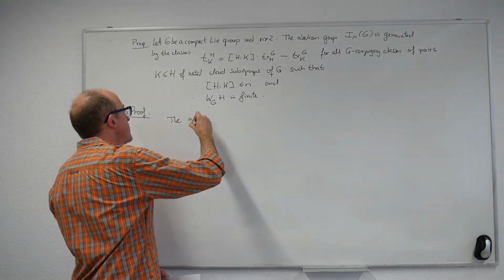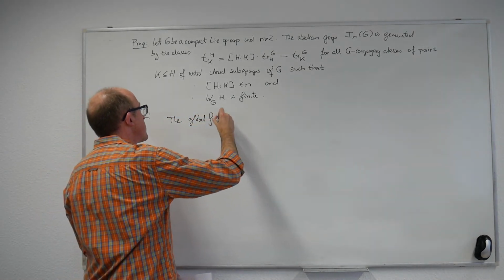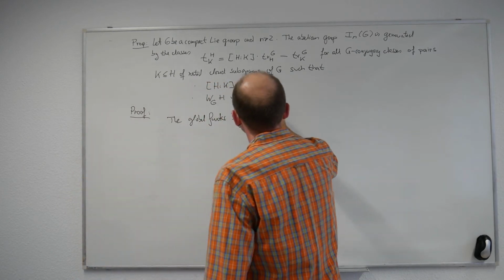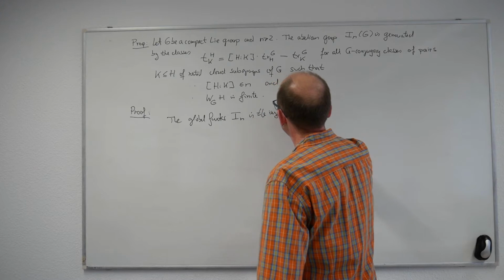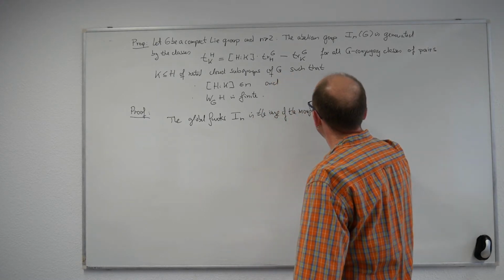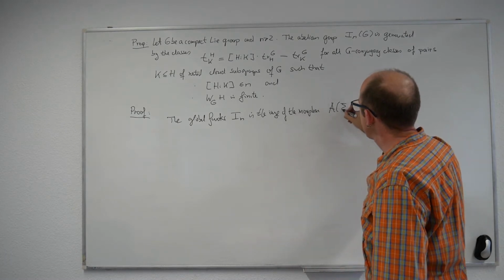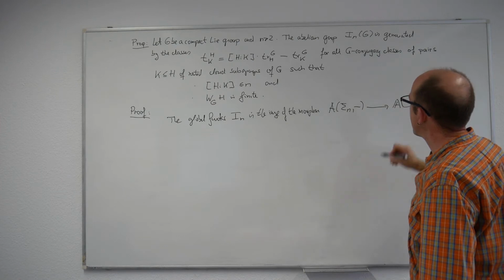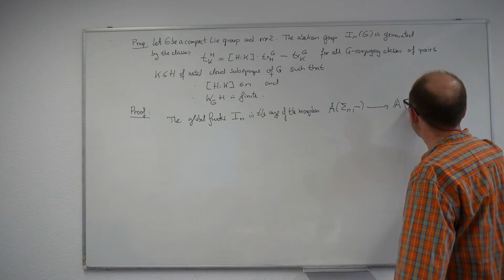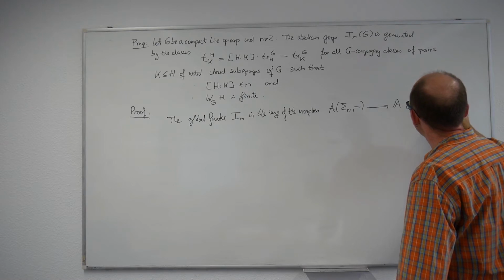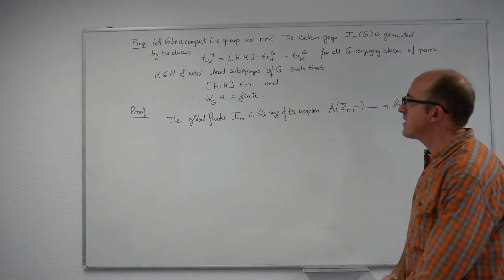The global functor In is by definition the image of the morphism of global functors from the represented global functor, represented by sigma n, to the Burnside ring global functor that's classified by the class Tn.